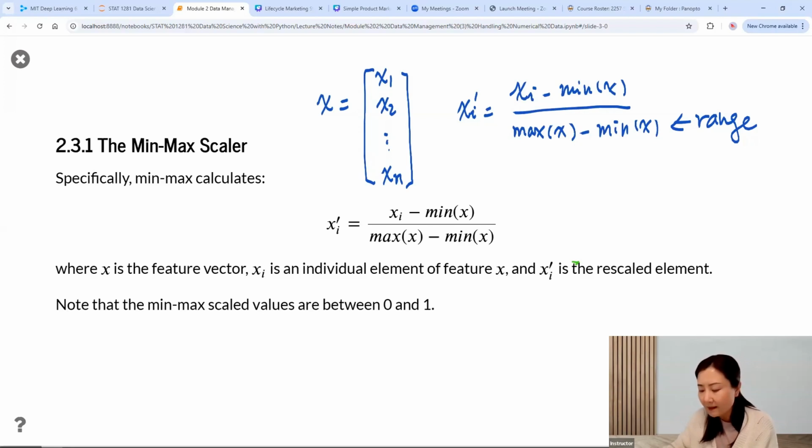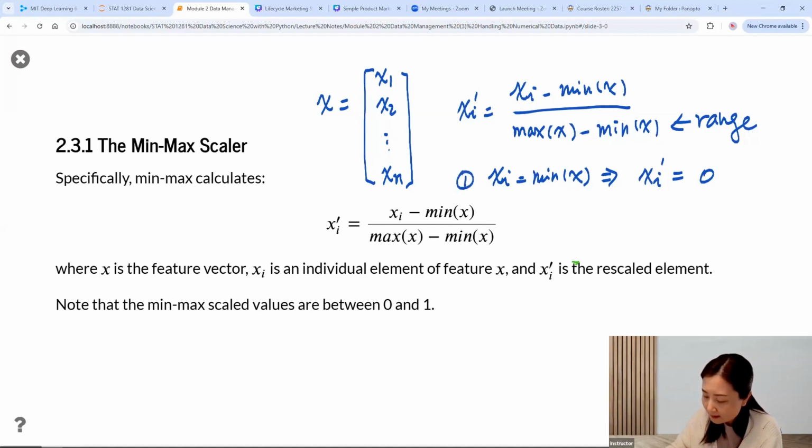So consider 2 extreme cases. If xi is equal to the minimum of x, then what happens? Xi prime will be equal to 0 because the numerator will become 0, right?